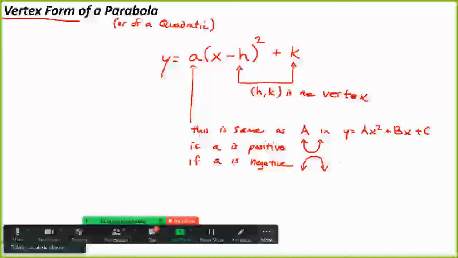So we know a little bit about the shape of our parabola just based on the equation in vertex form. We should be able to look at it and know where the vertex is, looking at h and k. And then the a number, if there is one, is telling you if it's upward or downward facing.